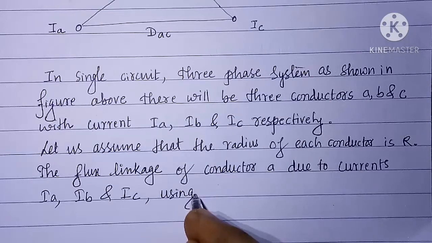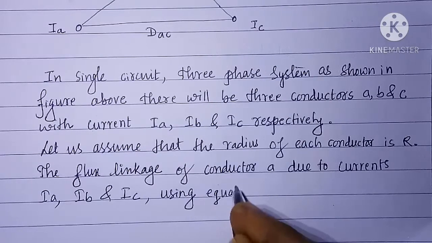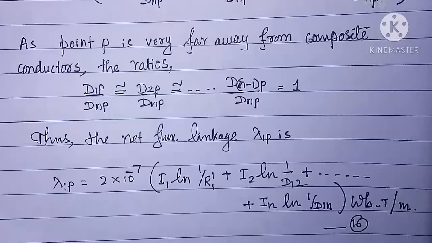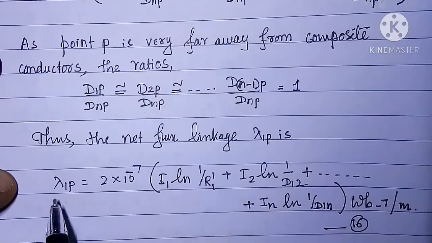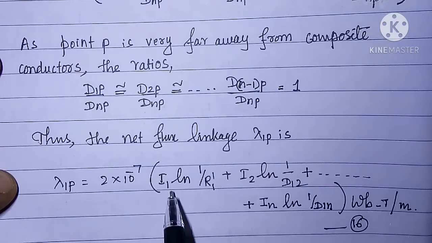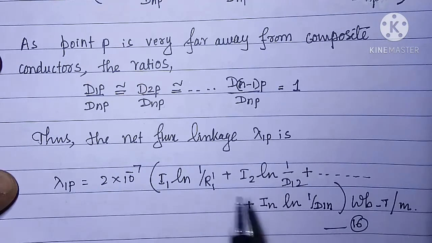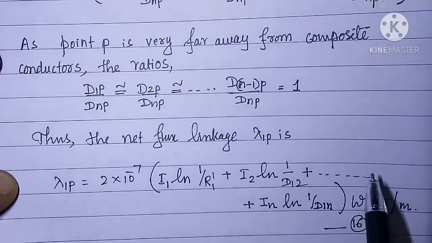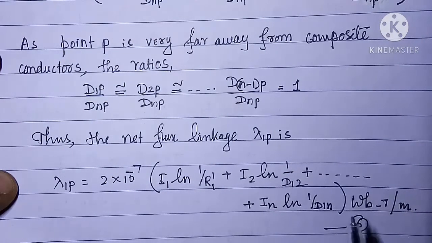Using equation (16) may be written as lambda 1 p equal to 2 into 10 raised to minus 7 I1. For us now I1 is to be replaced by IA, I2 is to be replaced by IB and I3 is to be replaced by IC. The remaining terms will be absent.